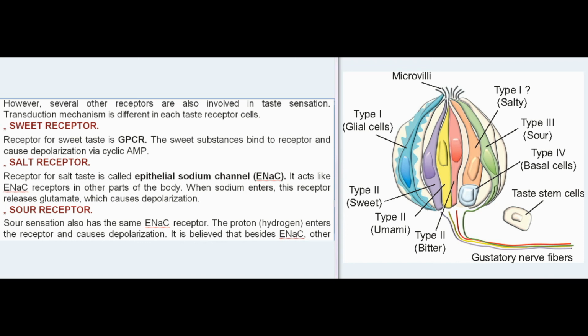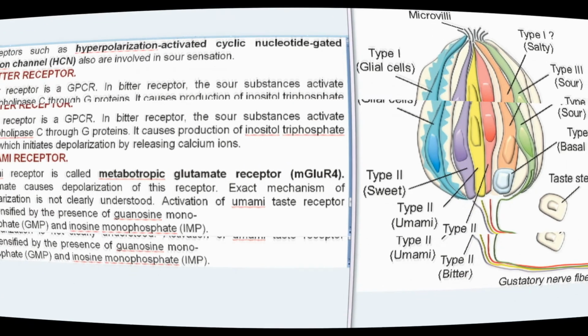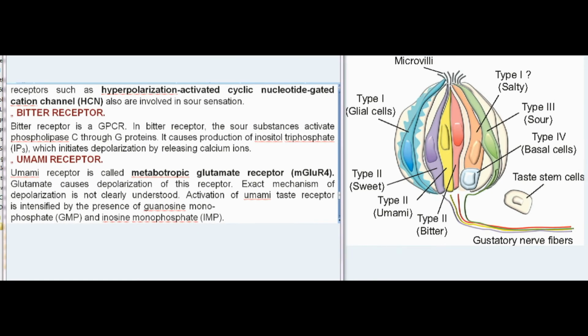The proton, hydrogen, enters the receptor and causes depolarization. It is believed that besides ENaC, other receptors such as hyperpolarization-activated cyclic nucleotide-gated cation channel, HCN, also are involved in sour sensation.